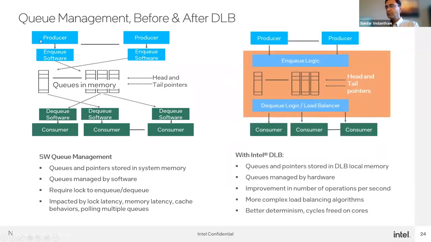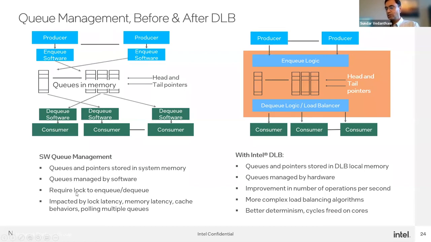When it is all pure CPU based, what used to happen is, like we were saying, there'll be these producers, the traffic that is coming in, queues will be in memory, and then the consumers, the passport officers, picking up the packets to process them. But often this will require locks to enqueue, dequeue, put things into the queue.